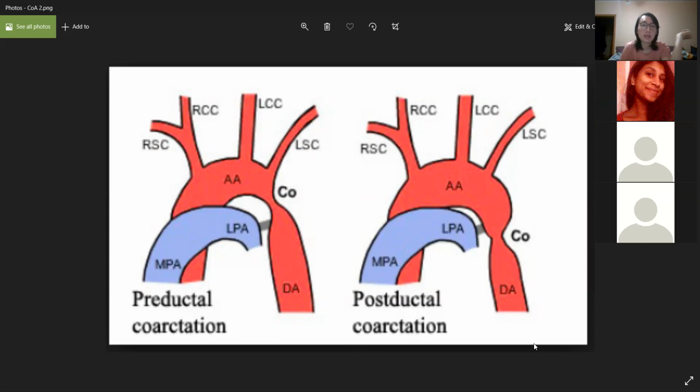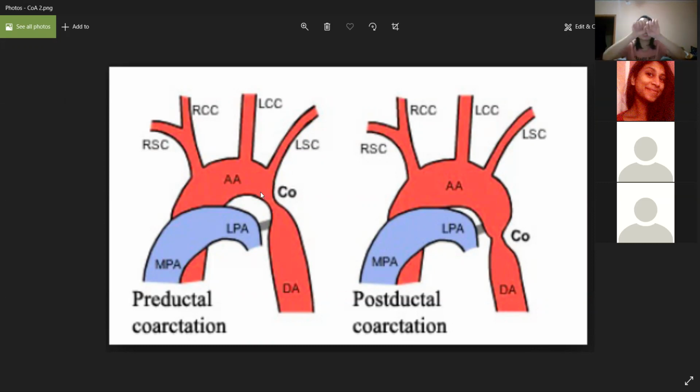So understanding that, we're now moving next to tubular hypoplasia, or preductal coarctation, this first picture over here, or the infantile type of coarctation. There is severe narrowing of the vessel to a point that it forms sort of like a head and neck.